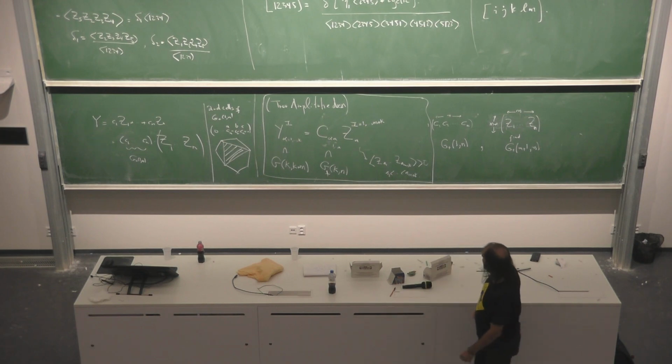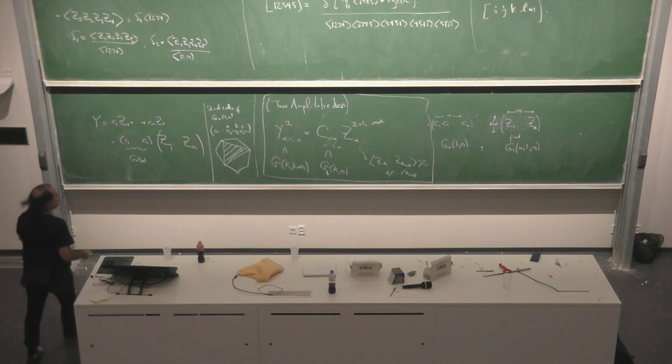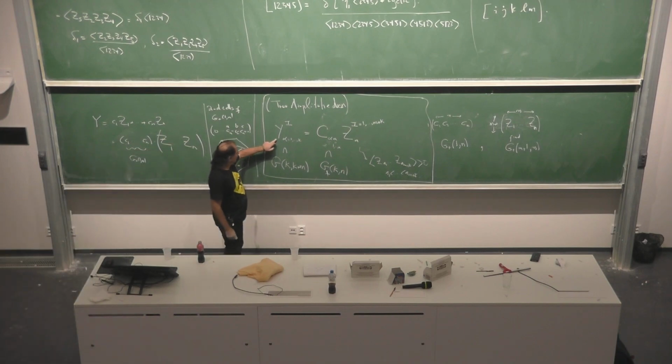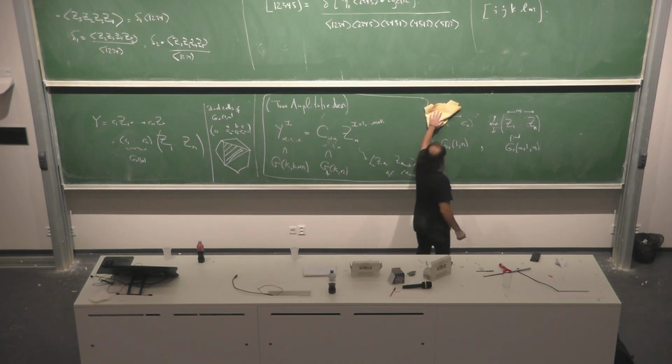So what's the analog here? Here, the amplitude lives in, what's the dimensionality of G(K, K plus M)? It's K times M. So the amplitude lives in a K times M dimensional space.